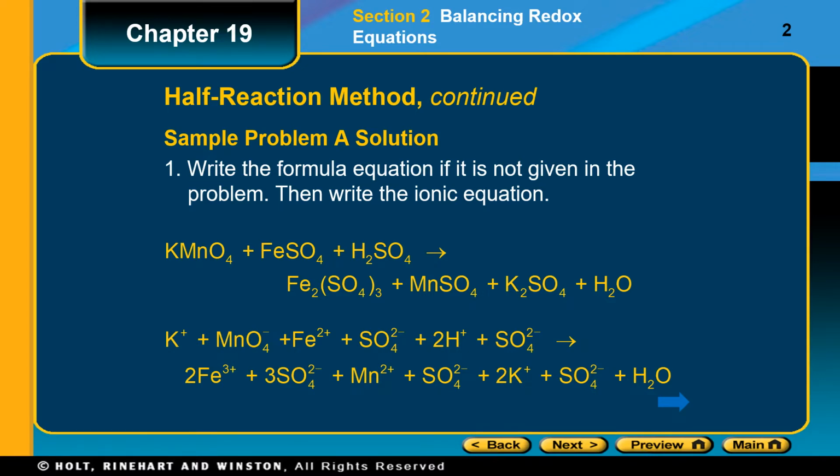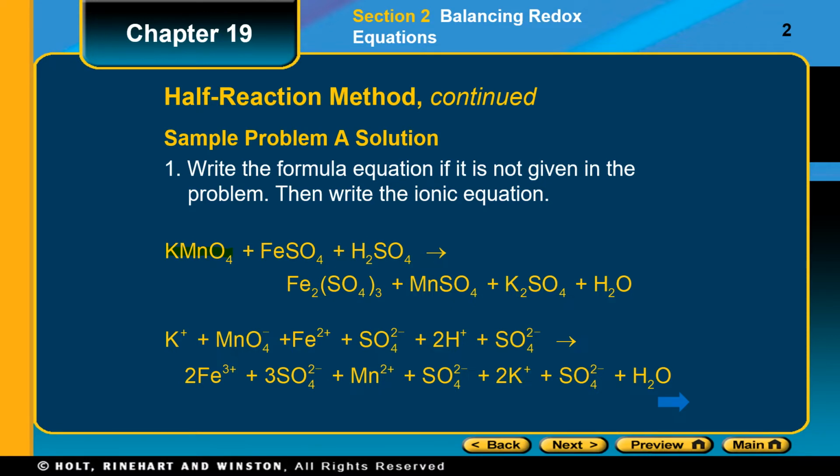So the potassium permanganate that we started with is broken up into a potassium ion and a permanganate ion. The iron 2 sulfate is broken up into an iron with a positive 2 charge and a sulfate ion, and then sulfuric acid is broken up into 2 hydrogen ions and a sulfate ion.